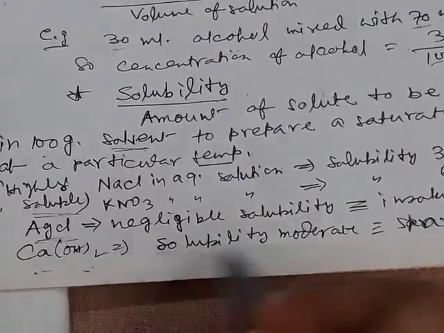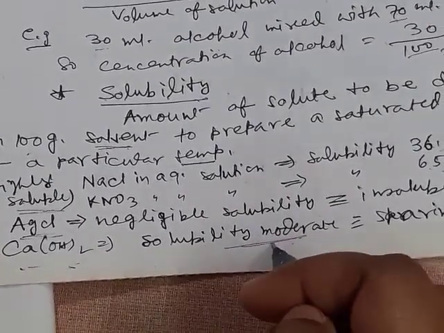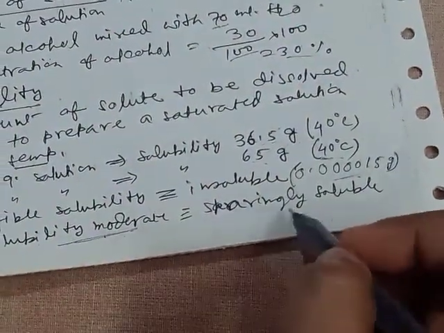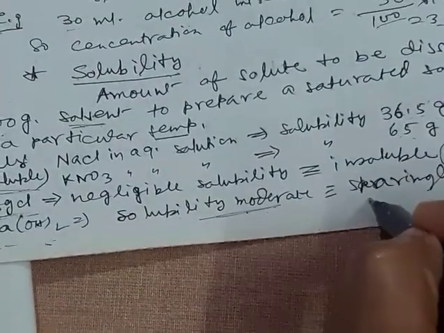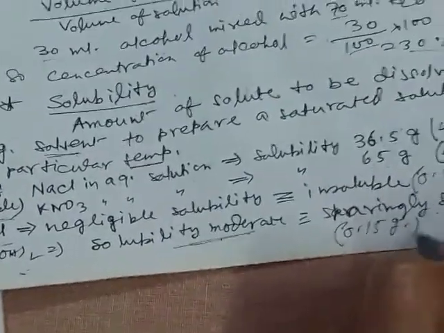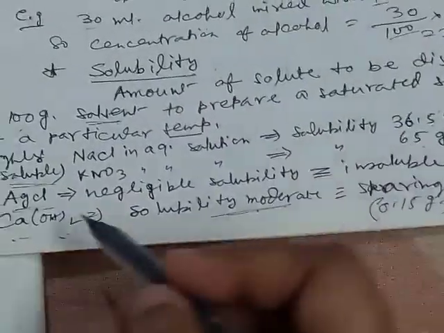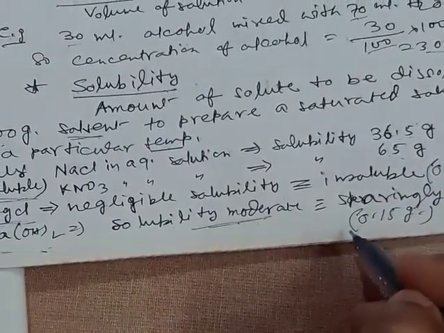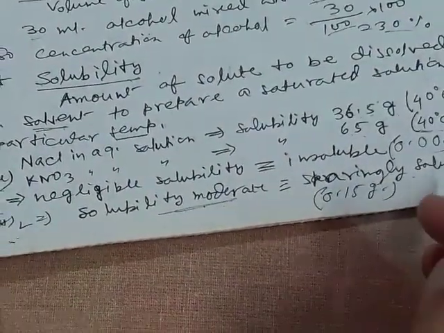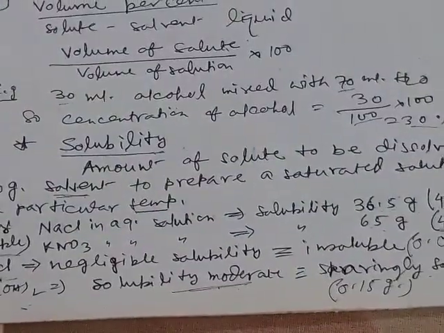Calcium hydroxide has moderate solubility, neither very high nor very low, with a solubility of 0.15 gram, so this type of salt is called a sparingly soluble salt. Okay, thank you.